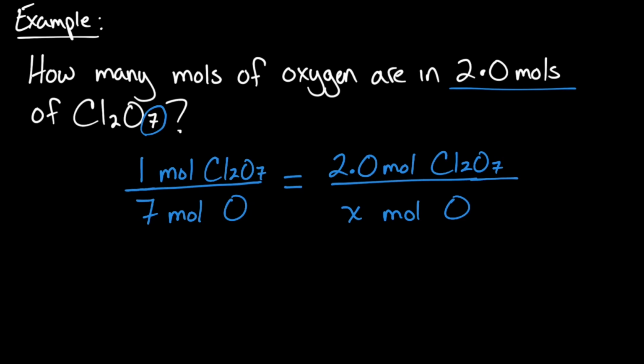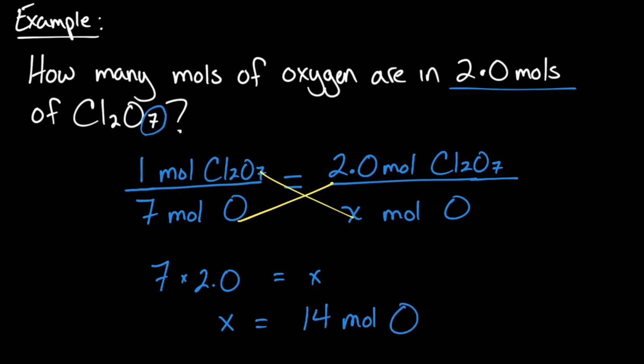We get to cross multiply. So we're going to do 7 times 2.0, and that is equal to 1 times X, or X. So in other words, X is equal to 14 moles of oxygen. And that's our answer.